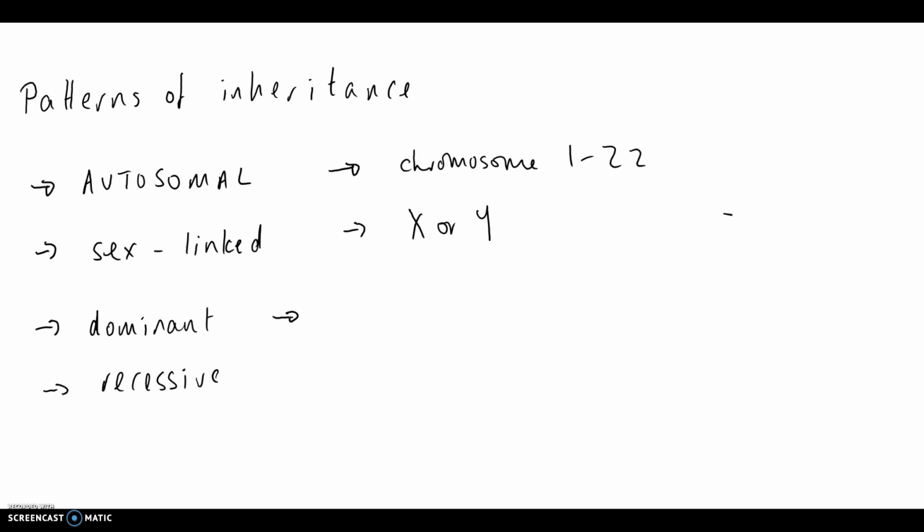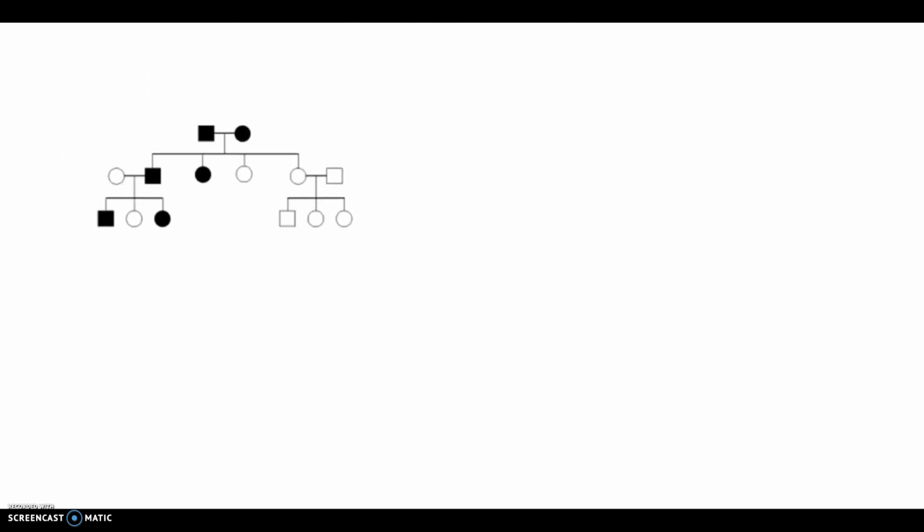So let's have a look at some pedigree analyses. We can use this example to try and establish what type of inheritance is being shown here. The first thing we do is we look at it and say, is there an even distribution of males and females? And yes, there is.